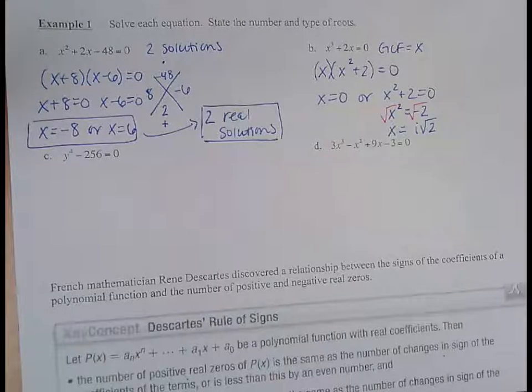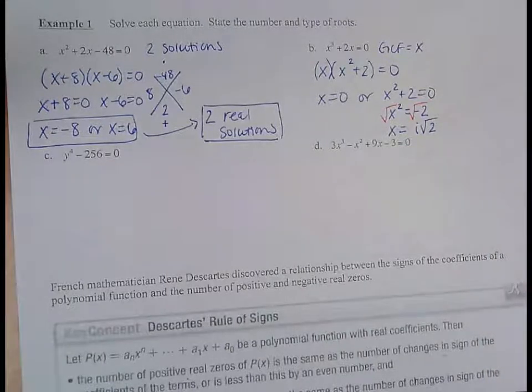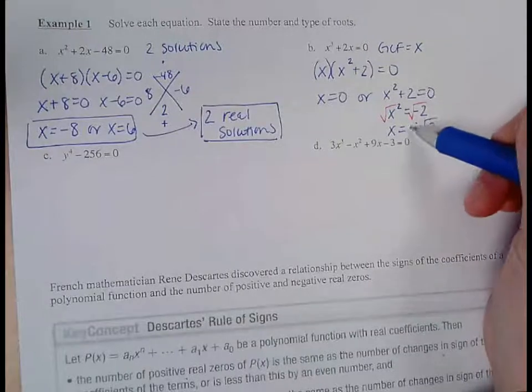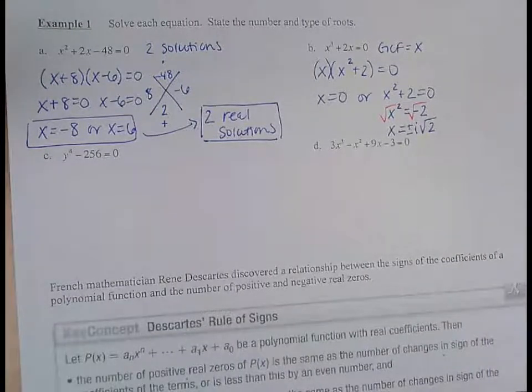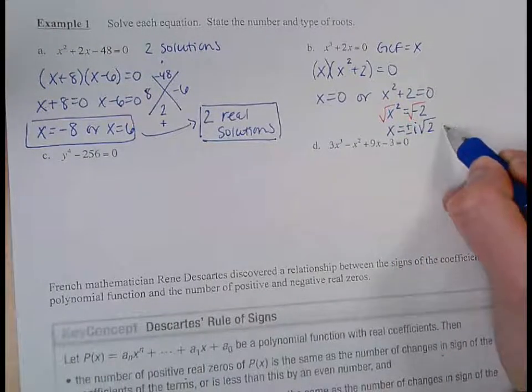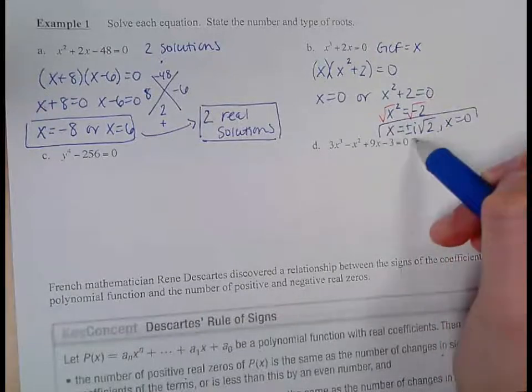How many solutions should we have? 3. What was that? Yes, so notice this is kind of your check. I need 3 answers. Right now I only have 2. I forgot in the second one, when I take the square root, I have a positive or a negative. That's now giving me 3 solutions. So I have plus or minus i root 2 or x equals 0. Those are my three solutions.